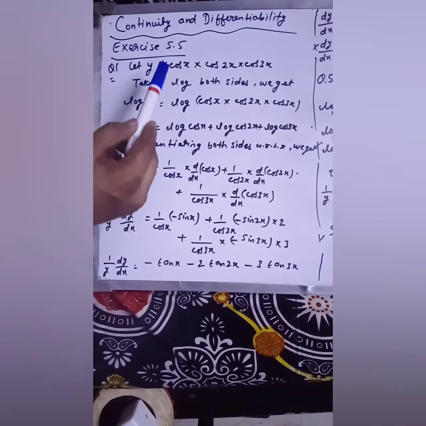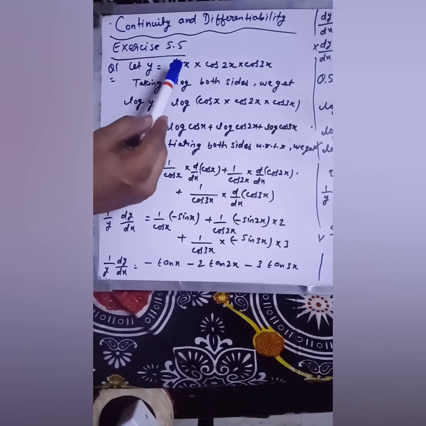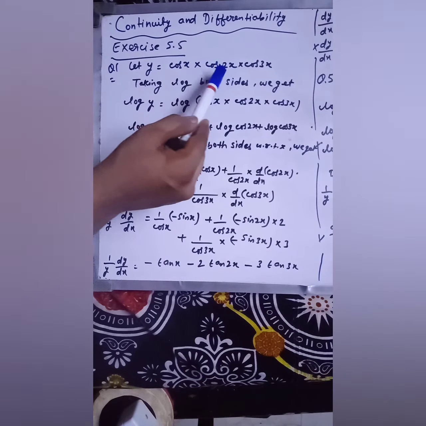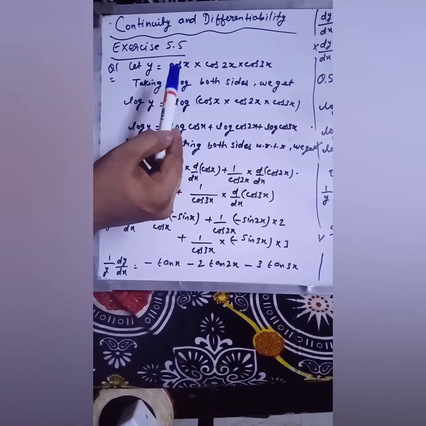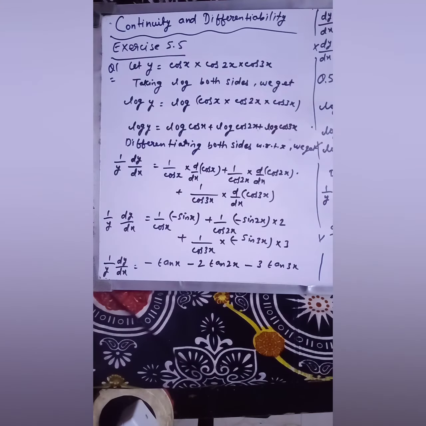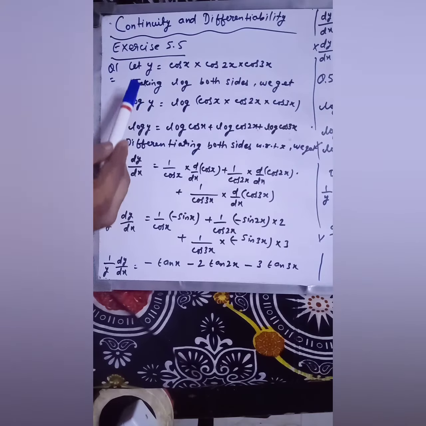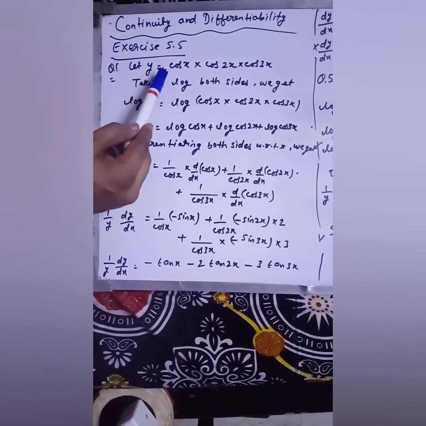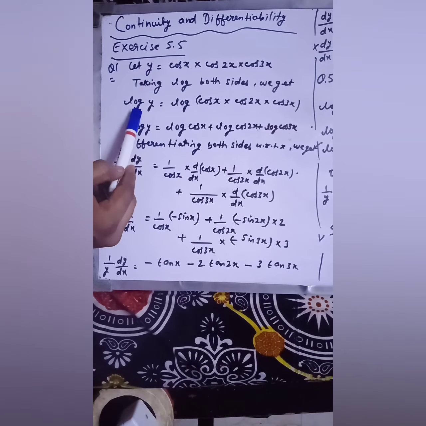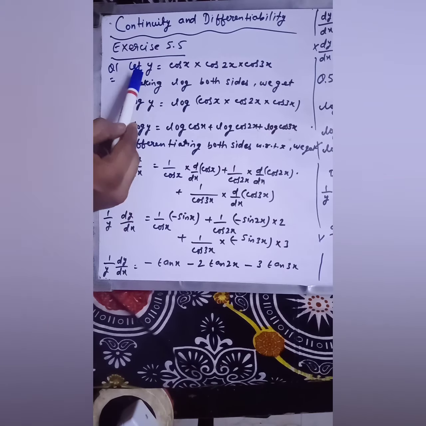As I told you, if two or three functions are multiplying, you have to solve these kinds of questions by taking log. So I'm taking log both sides, and you will write log y equals log of all three functions.